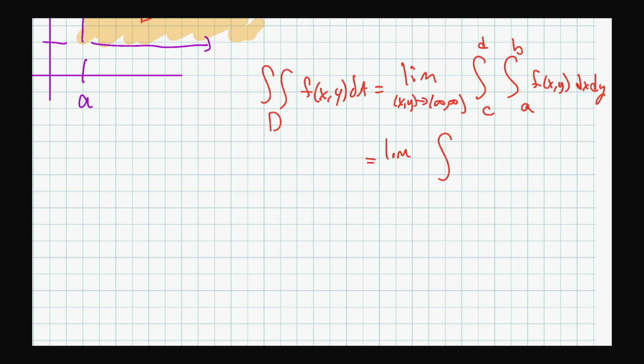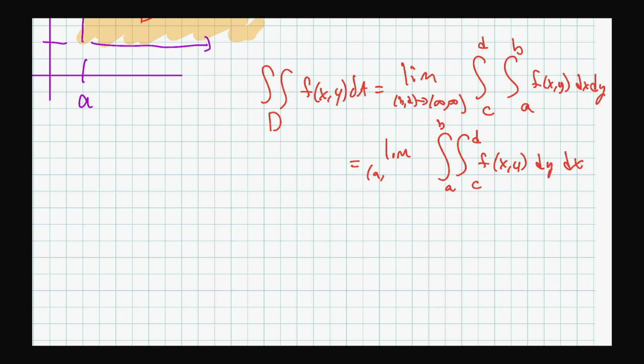And there's another way to do it, which is you can just switch the order of integration and do the y integral and then the x integral. But you still have to do that limit as the b and the d.